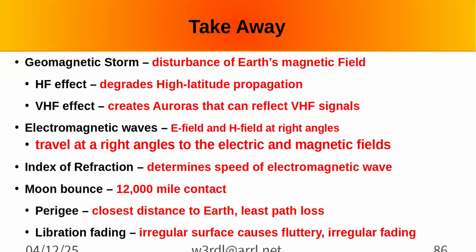Moon bounce, you can do 12,000-mile contacts. Perigee is the closest portion of the orbit to Earth, where apogee is the farthest or most distant. And libration fading is what they call the irregular signal that you're getting from bouncing off of the moon's surface.